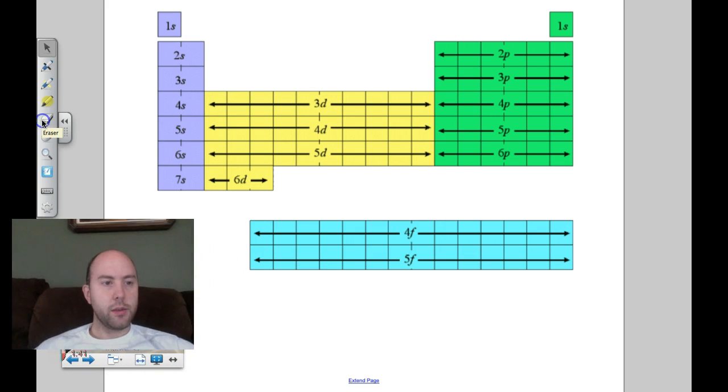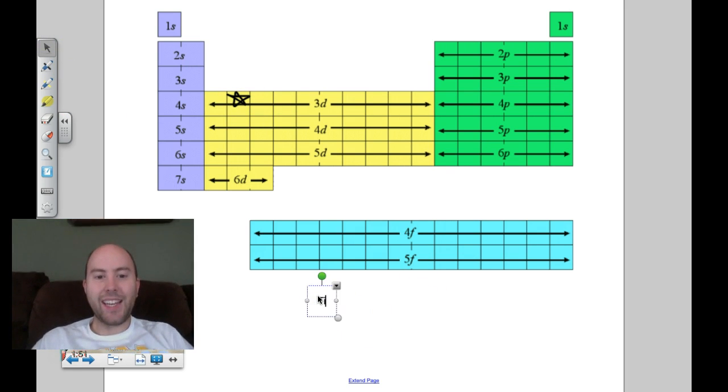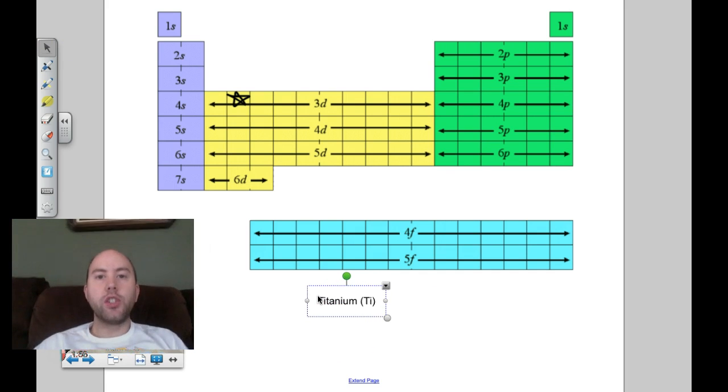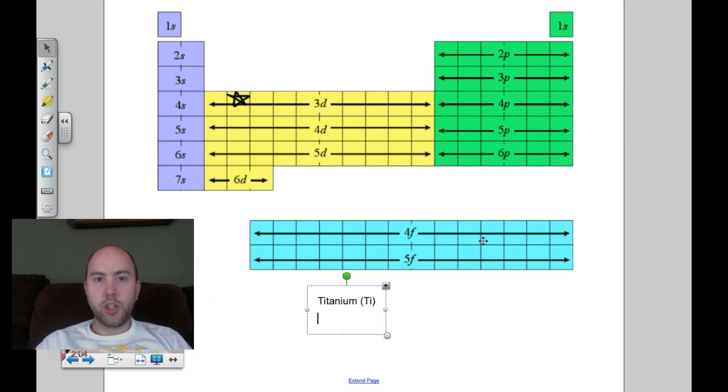So there we go. Let's do the electron configuration for Ti, titanium. To do that, we first have to get through all of period 1, all of period 2, all of period 3. So, we should know how to do that by now.